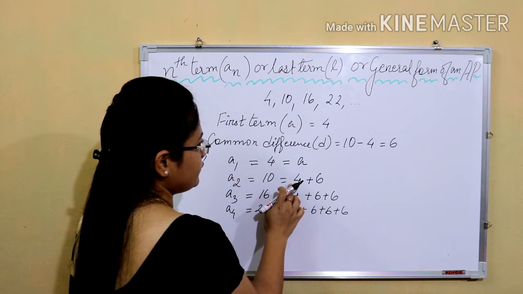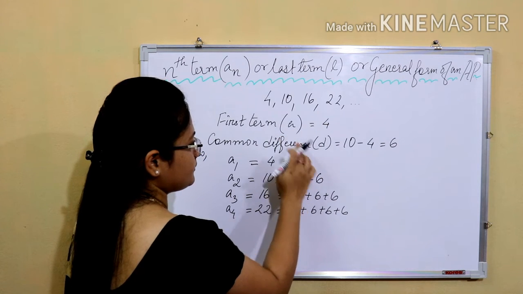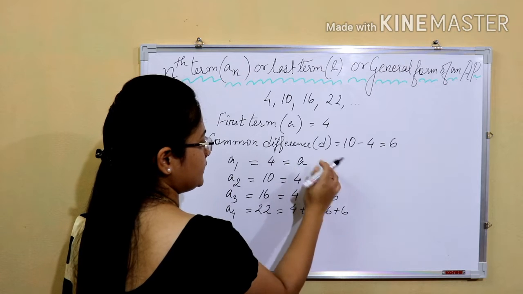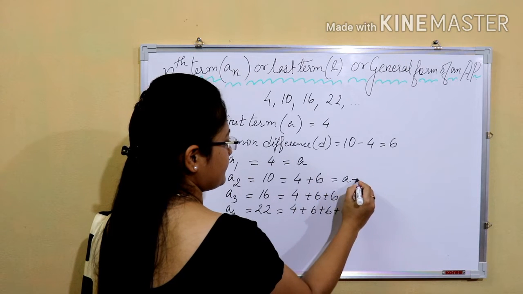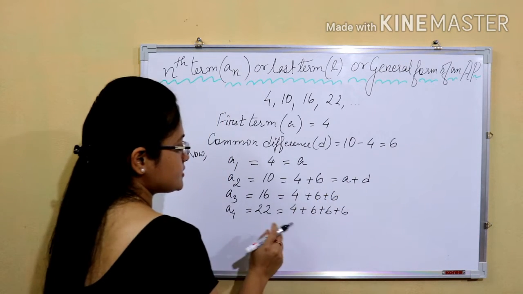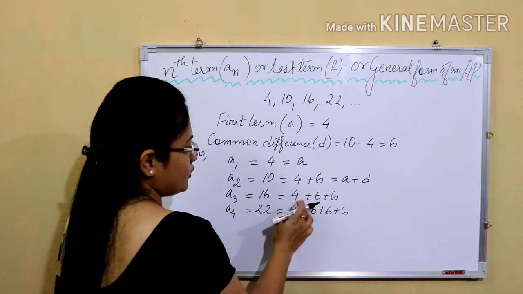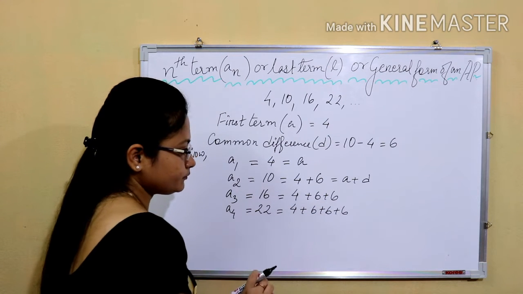Now, as we know 4 is represented as A and 6 represented by D. So, we can write it as A plus D. Same way, 4 plus 6 plus 6.